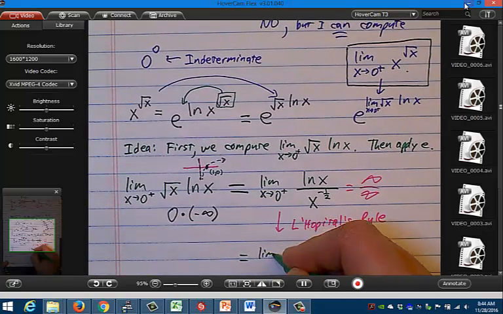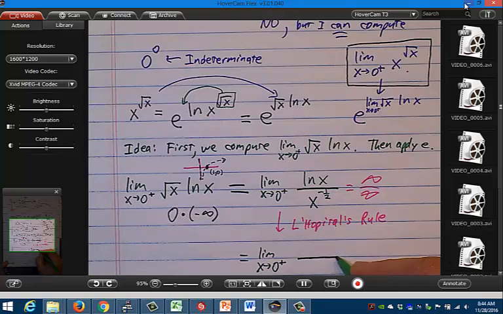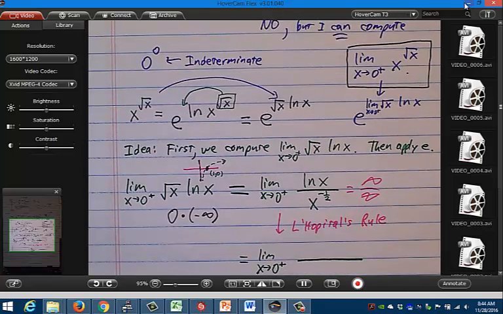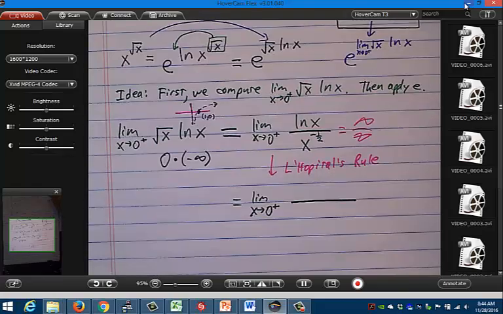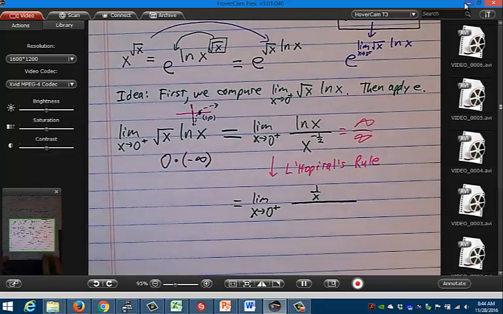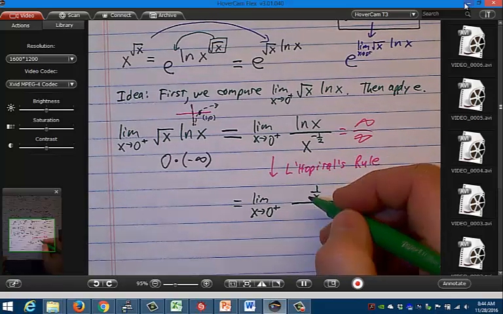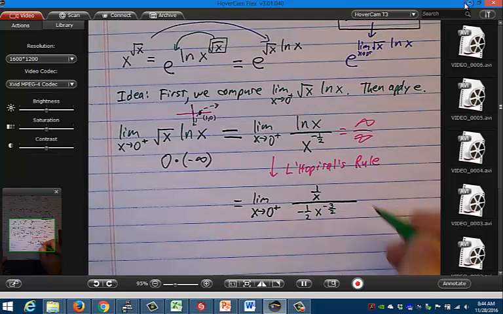If I apply L'Hopital's rule, I get the limit as x approaches 0 from the positive side. What do you get in the numerator? What's the derivative of the natural log of x? 1 over x. What do we get in the denominator? We get negative 1/2 x to the negative 3/2, okay?